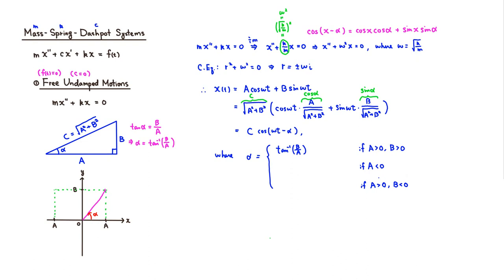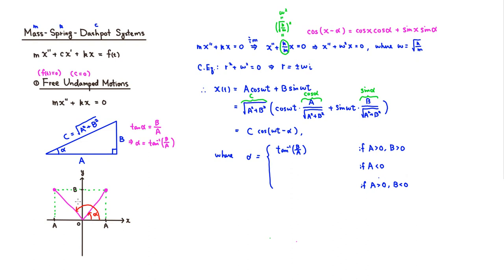So the angle we are interested in is going to be from here to there. When you do arctangent of B over A in this case, B over A is going to be a negative value.